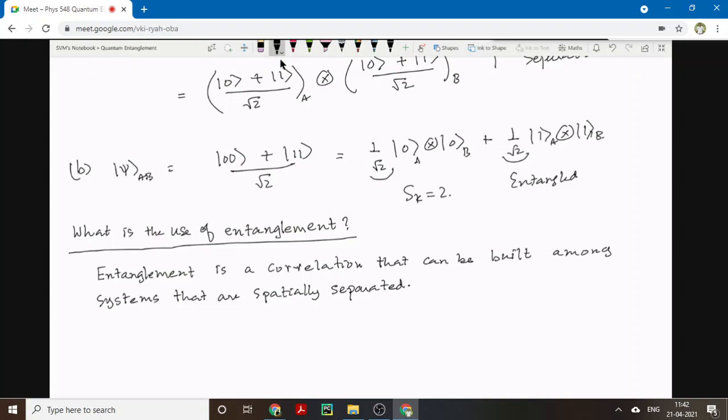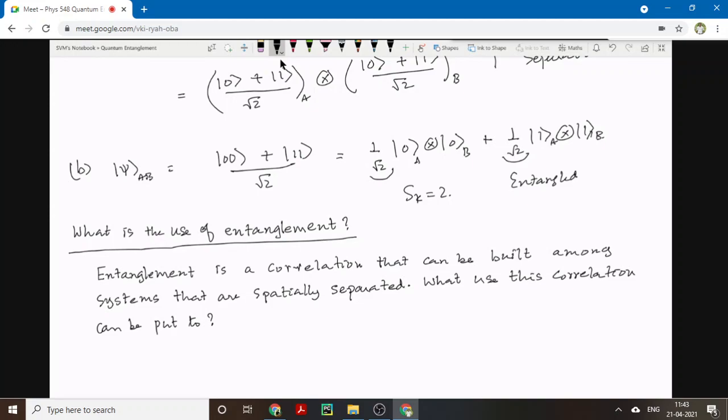Now the question is, what use can this correlation be put to? What is the application of such a correlation?